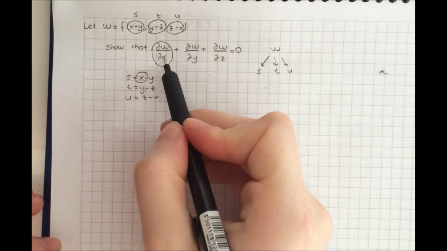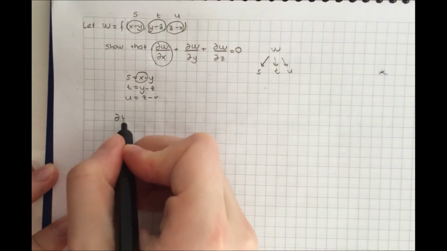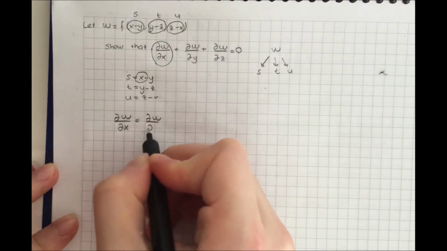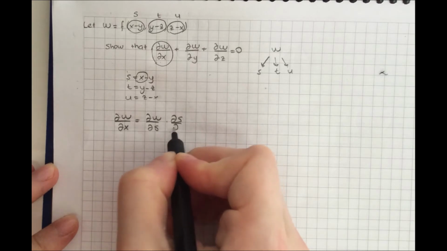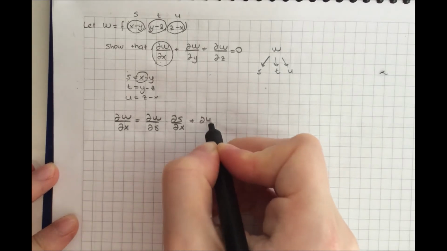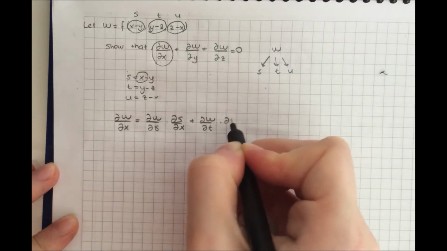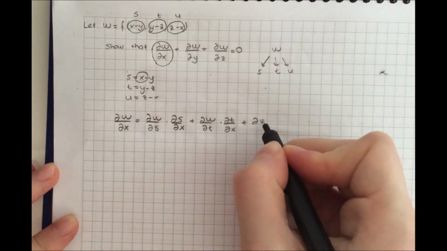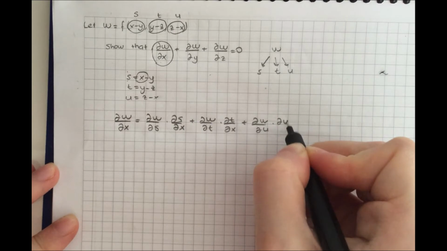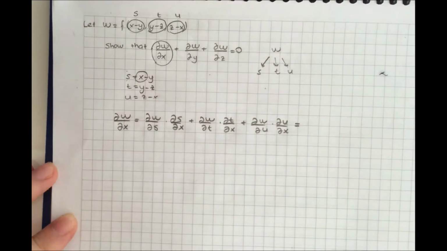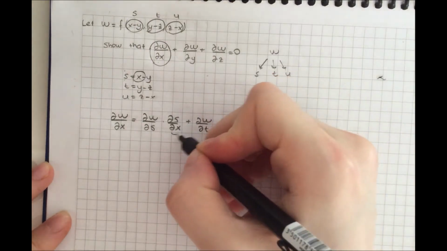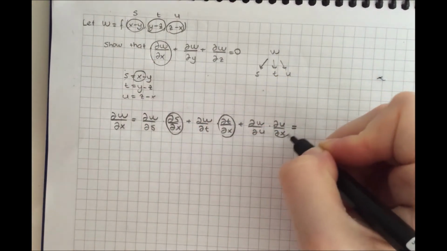And let me begin with the first one. The partial derivative with respect to x is equal to... And another thing that we have to do is look for the partial derivatives of s, t, and u.